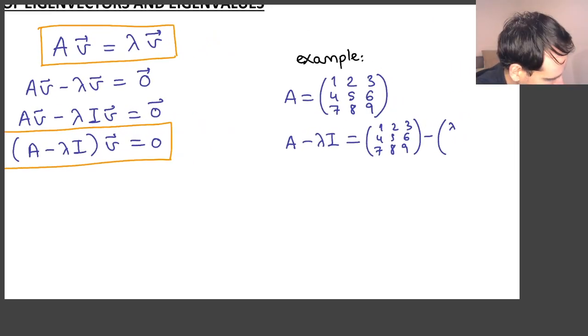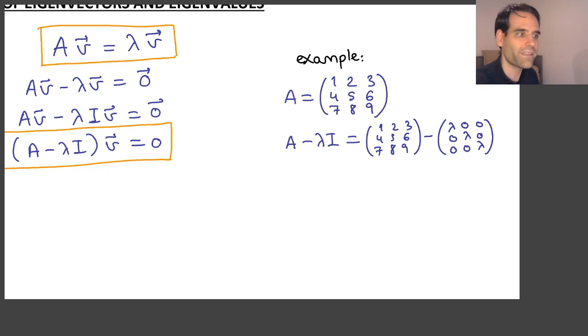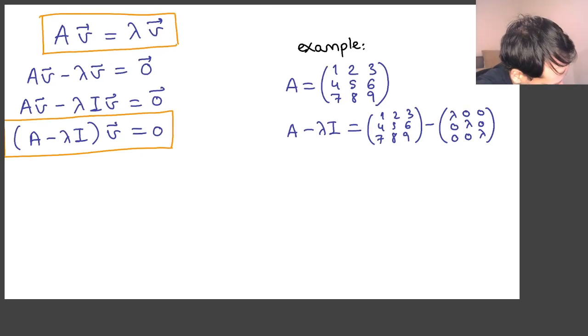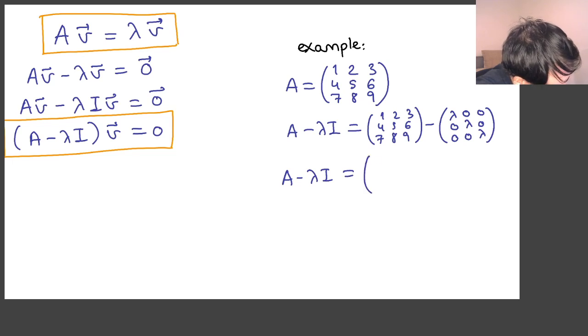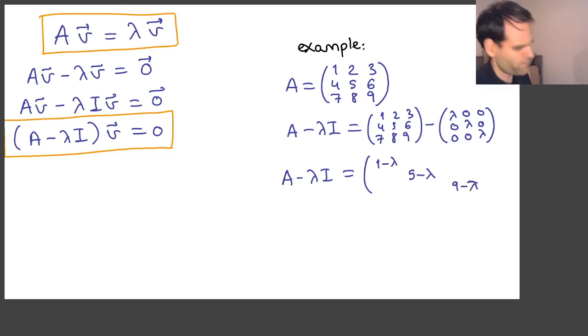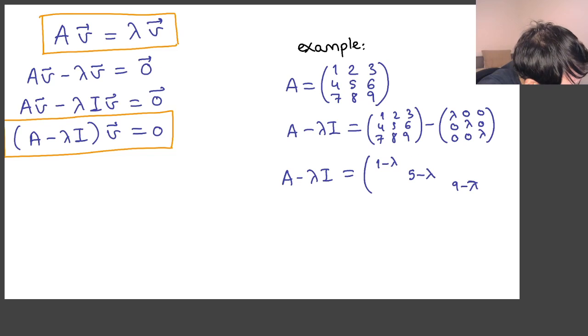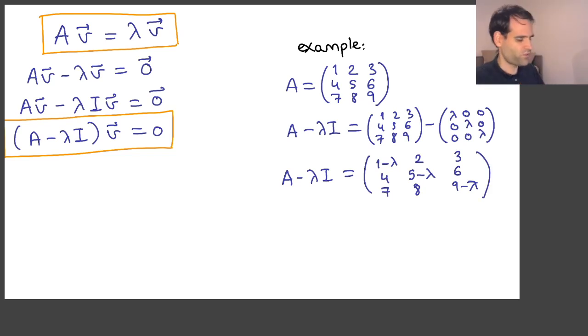So that would be the matrix that has lambda, lambda, lambda in the main diagonal and zeros everywhere else. That would be lambda times I. And therefore A minus lambda times I is equal to this matrix: 1 minus lambda, 5 minus lambda, 9 minus lambda. Those will be the values in the main diagonal, and the rest of the values are unchanged. Okay, so that will be A minus lambda I.